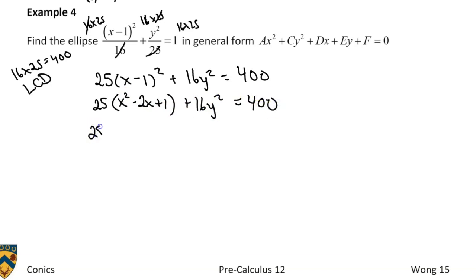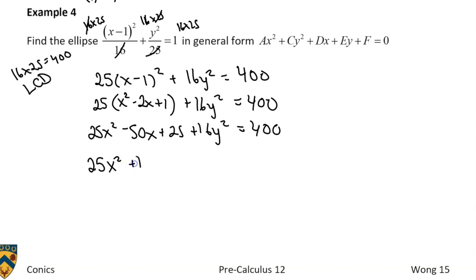And so from there you would get 25x squared minus 50x plus 25 plus 16y squared equals 400. And now you can start to rearrange it and put it in the order that you want. So you could say 25x squared plus 16y squared minus 50x.